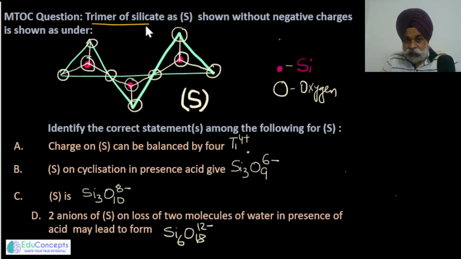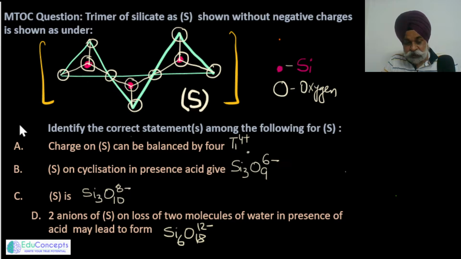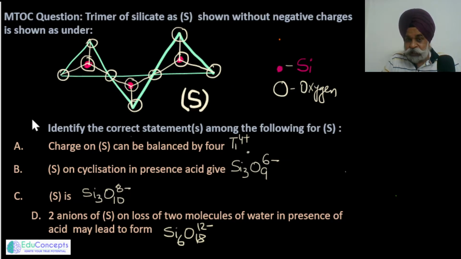A trimer of a silicate S, you are being given a silicate which is containing 3 units shown as under without negative charges. Okay. Identify the correct statement. Now this is the silicate which is being given to you, but it is not showing any negative charges. That is for you to see into.